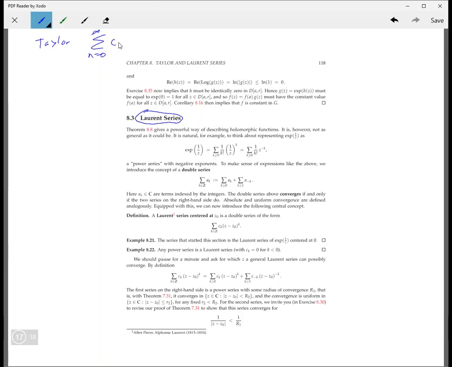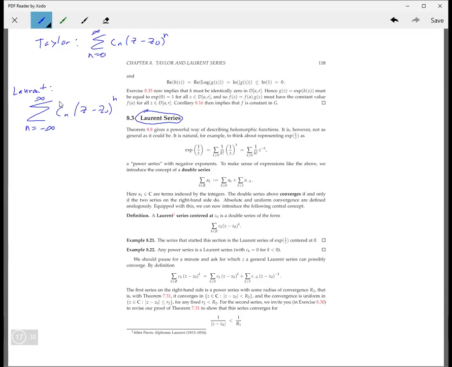And it's like C sub n (z minus z0) to the nth power, right? Okay, so Laurent series is essentially negative infinity to infinity of the same thing. So you can just make it go from negative infinity to infinity.